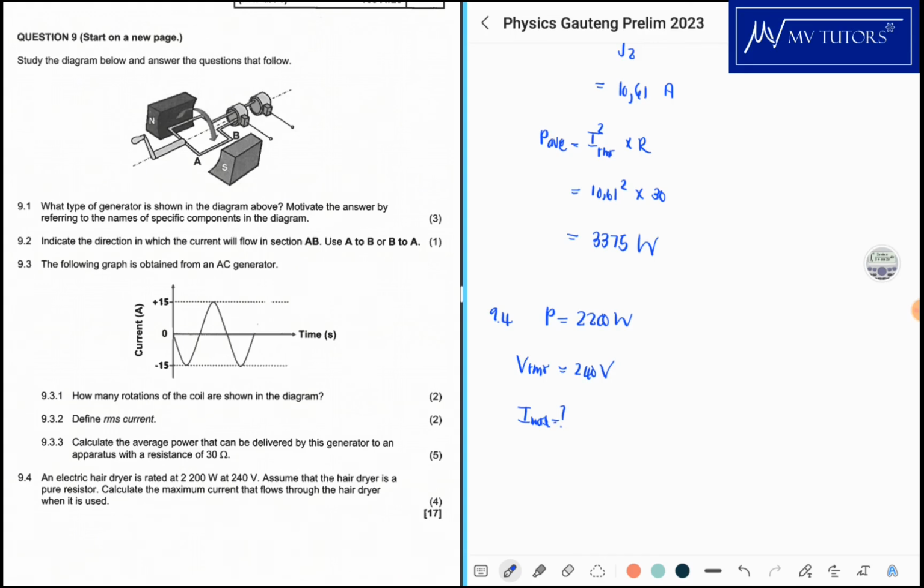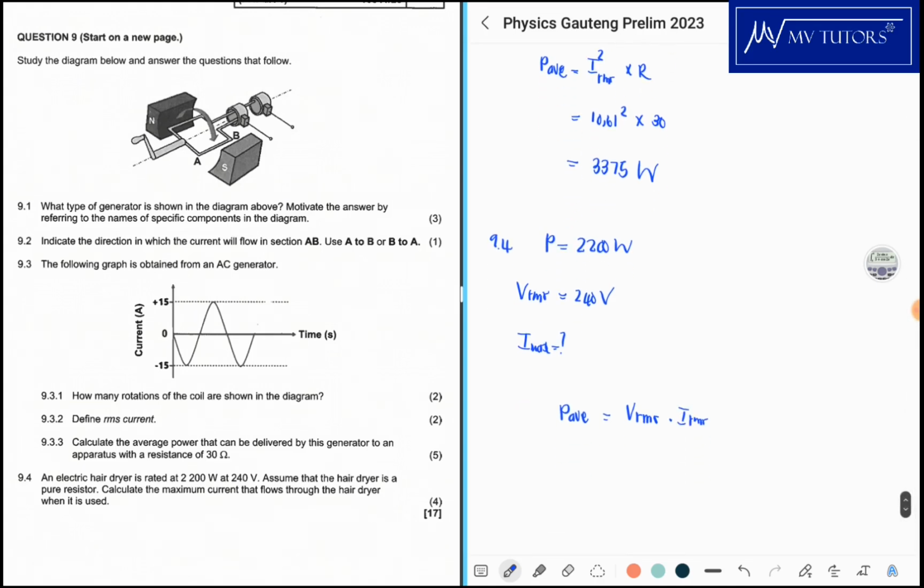Okay, so we have P average. We can use the formula where we have the voltage VRMS multiplied by IRMS, and we have our average power, which is 2,200 watts, and our VRMS is 240.